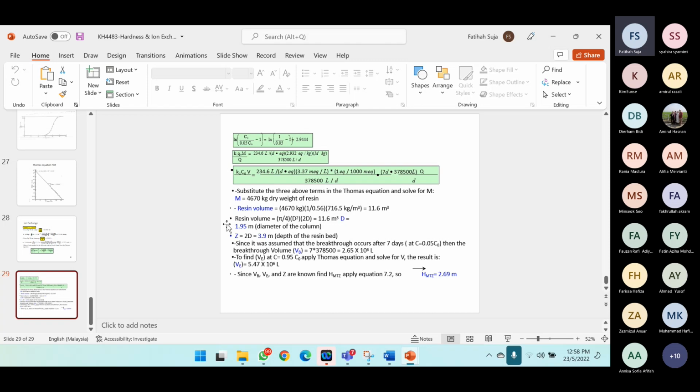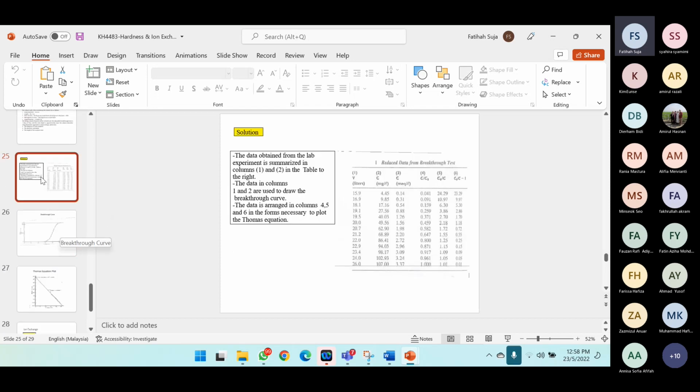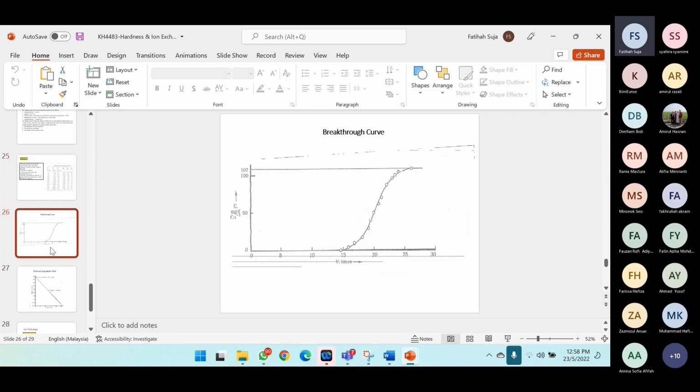by yourself. And another exercise that I want you to do is I want you to copy this exercise using your handwriting for submission, and the data I want you to draw using either a computer or any graph paper.